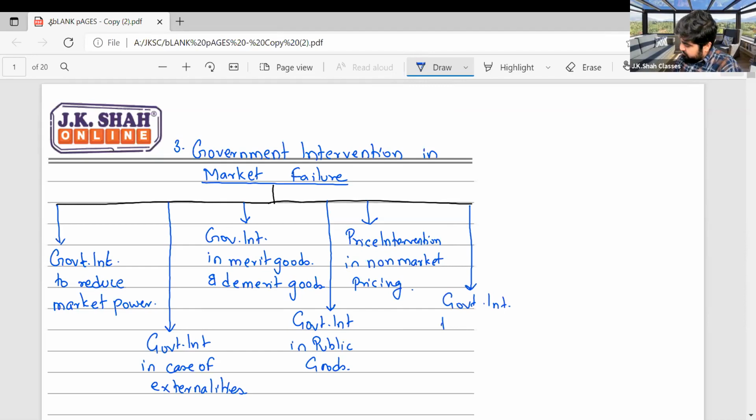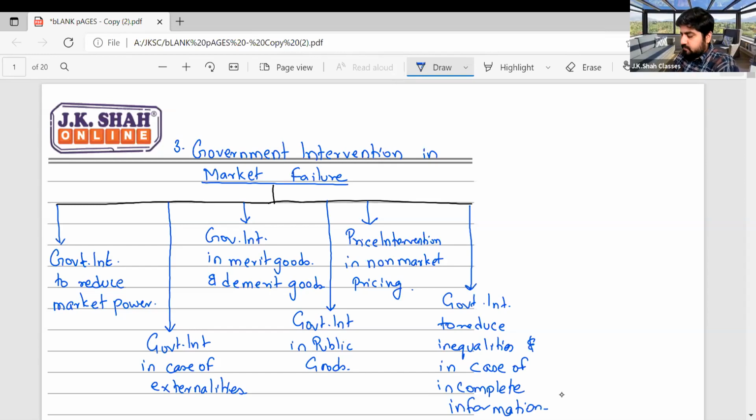Government intervention to reduce inequalities and in case of incomplete information.